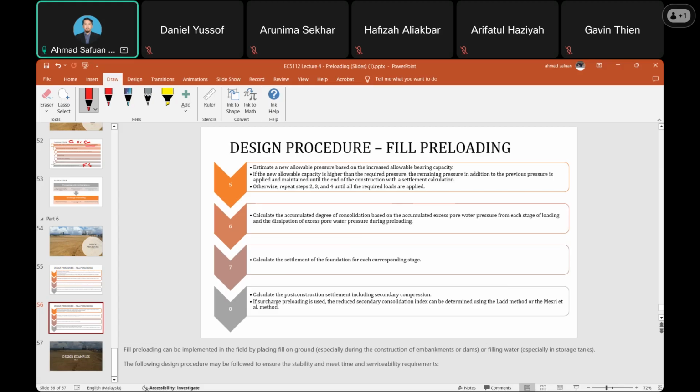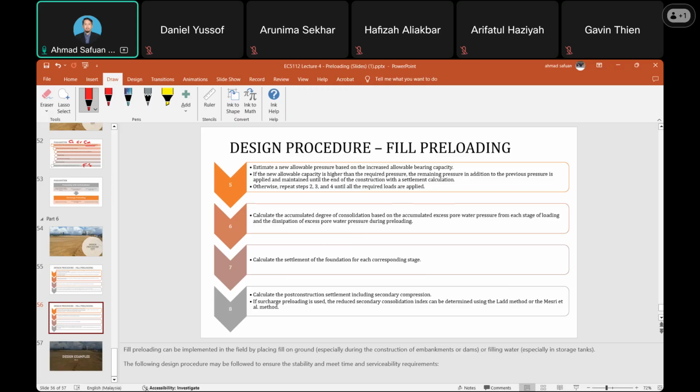So we need to monitor the settlement after the post-construction of the geotechnical structure.